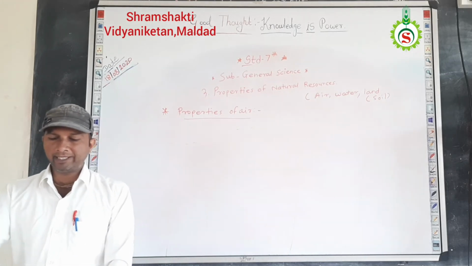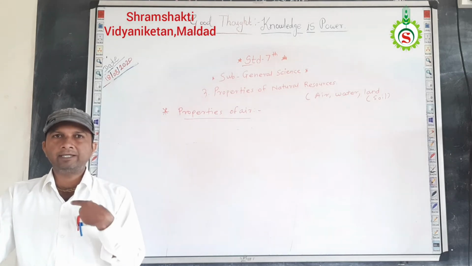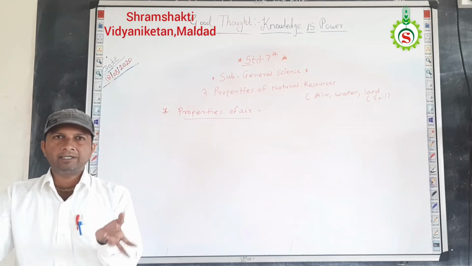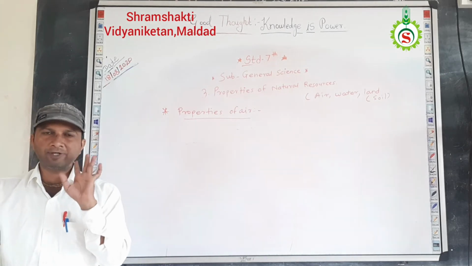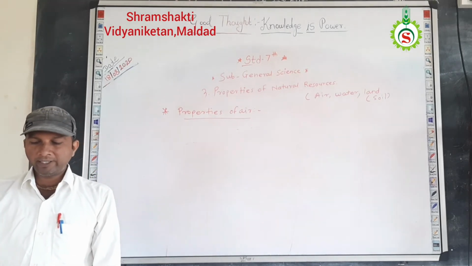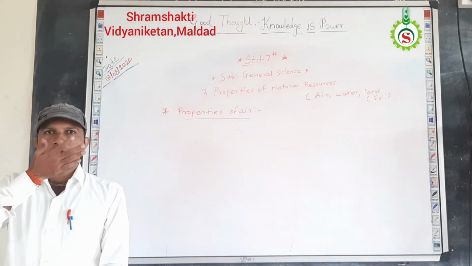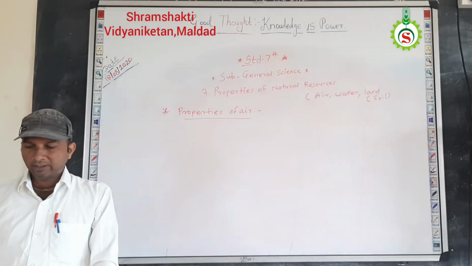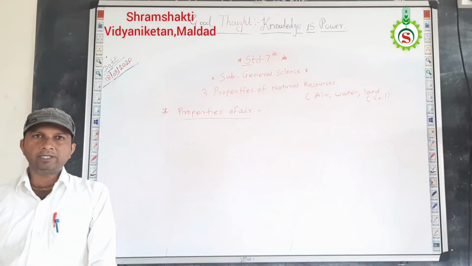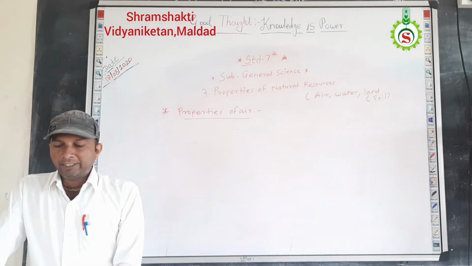When we inhale during respiration, the air from outside goes inside through the nostrils of our nose. And when we blow on our hand through the lips, we will feel the air on the palm of the hand. Understand?